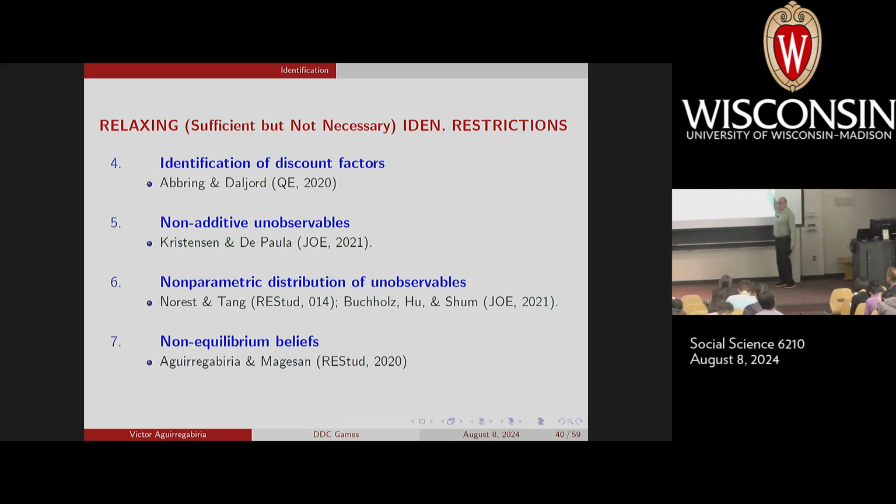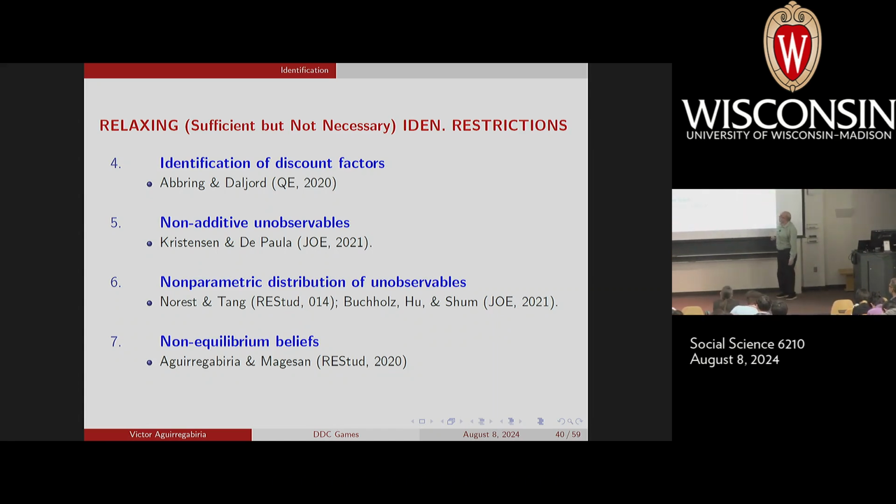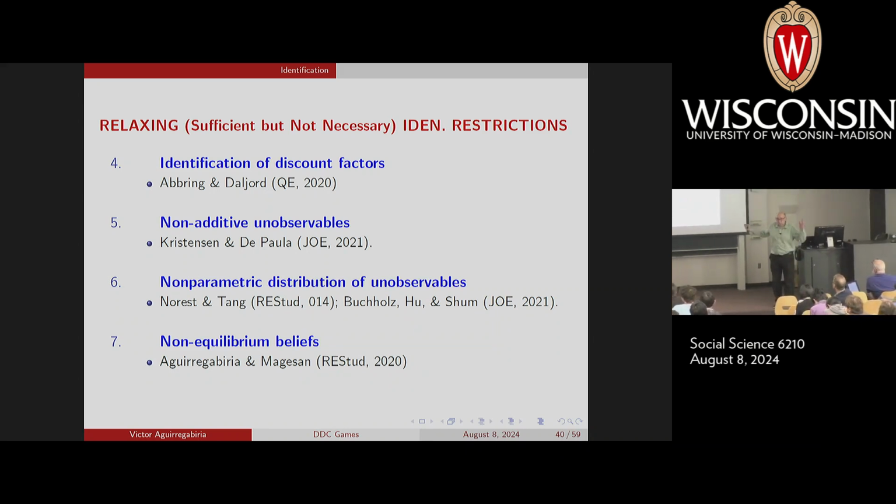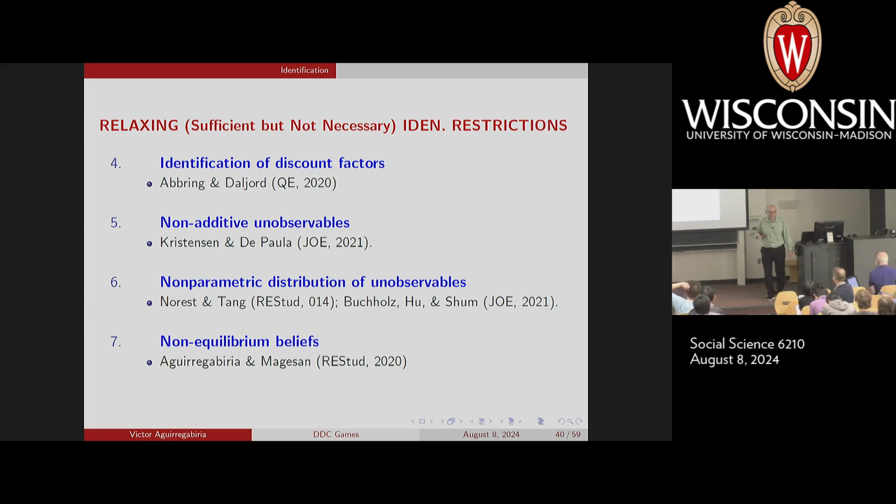We can also allow, there is work on non-distribution of the unobservables, and there is even work on non-equilibrium beliefs, okay? And there have been a lot of developments in recent years on extending the identification of this type of models to relax almost each of the assumptions. Perhaps not all of them at the same time, okay?